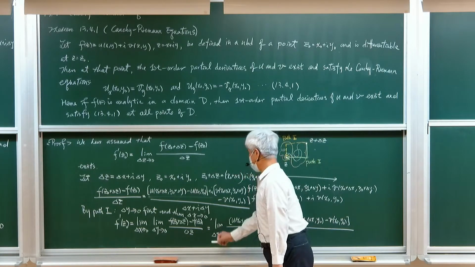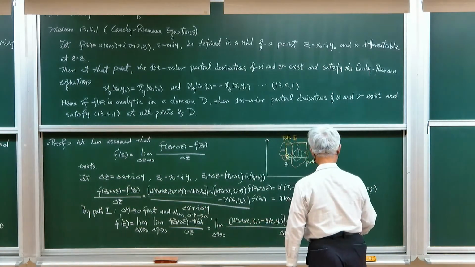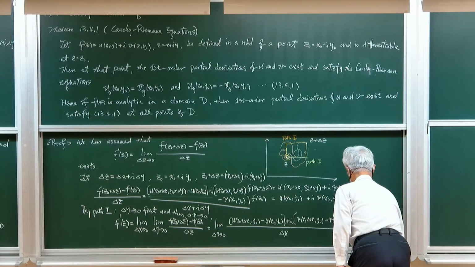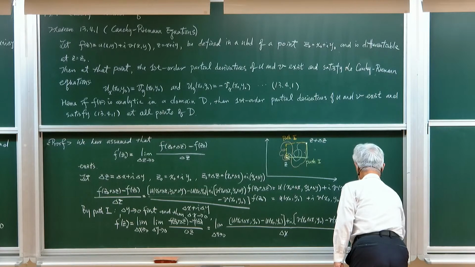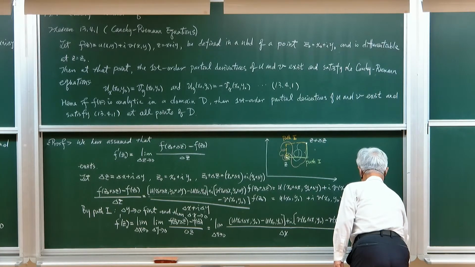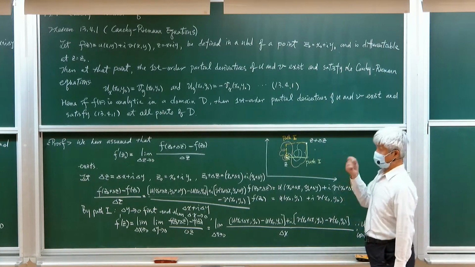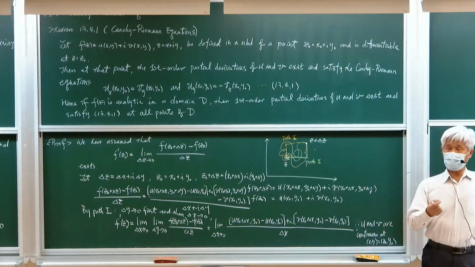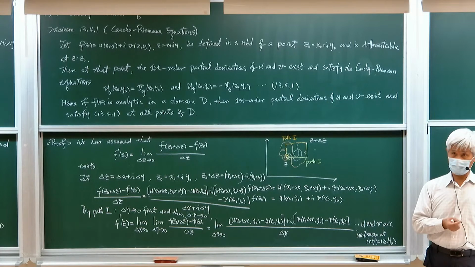And this function u goes to this one because u and v are continuous at z0. Because f is differentiable at z0, and I have asked you to show that if a complex function f is differentiable at a point z sub 0, then it is continuous at z sub 0.